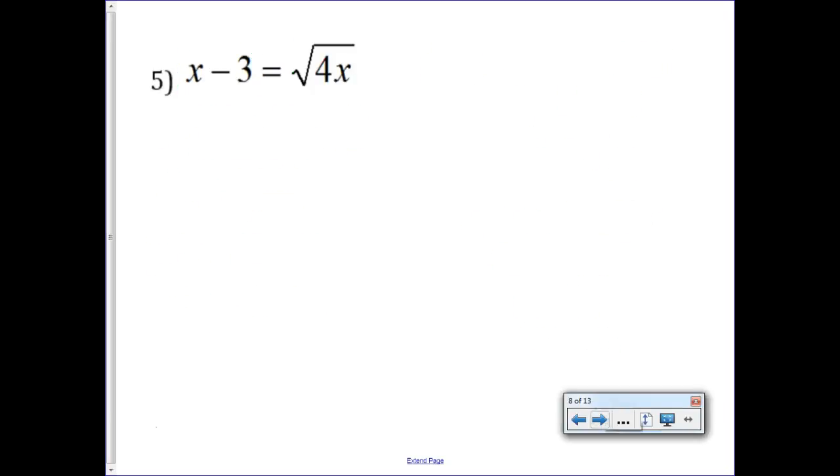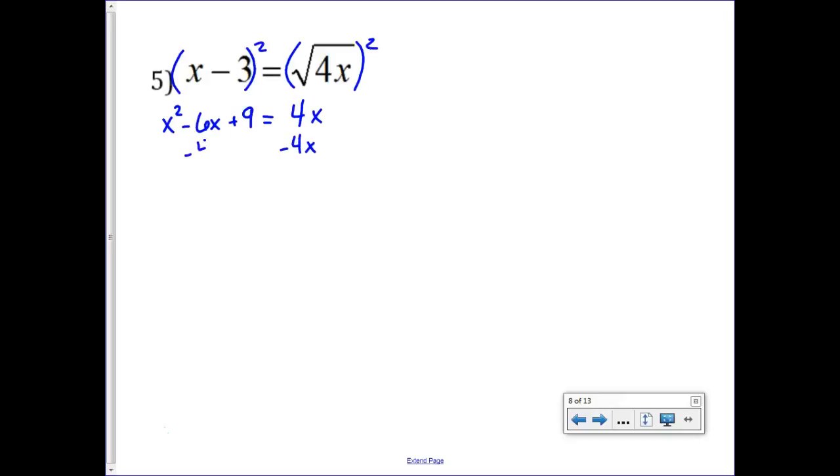All right, let's try another. Here's another one of these where we have to square both sides to get rid of that square root. So I have x squared minus 6x plus 9 is equal to 4x. So I'm going to subtract 4x from both sides so that I can try to factor this.